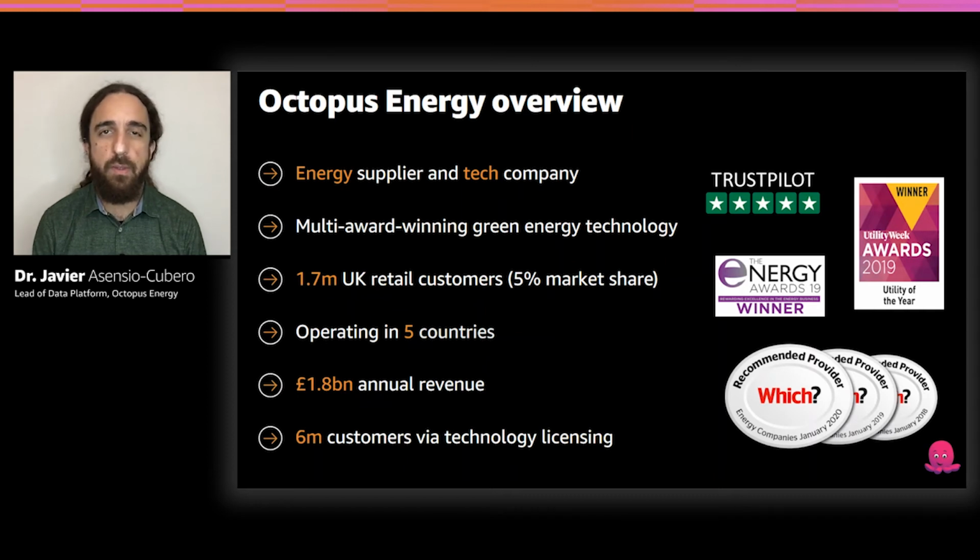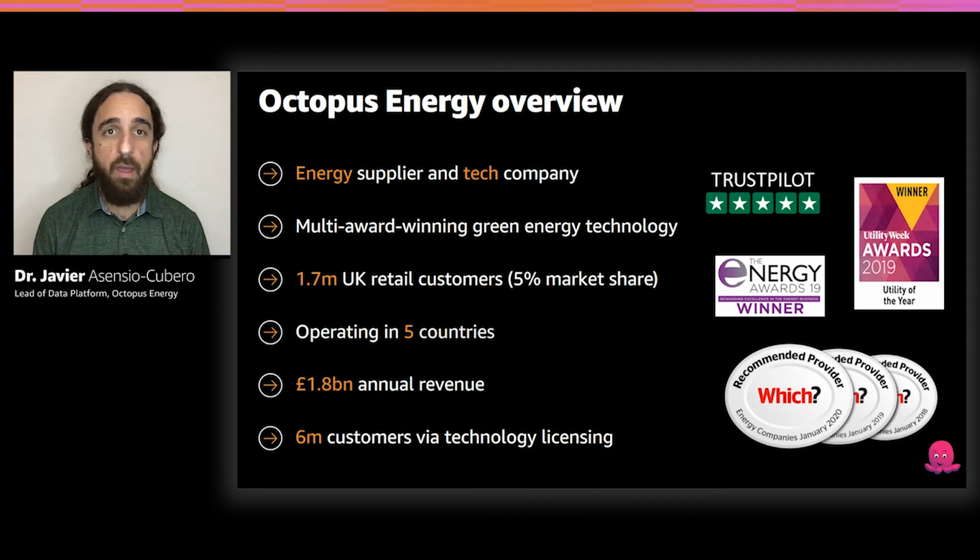And one of the reasons why we're so good at taking care of our customers is because we are really good at creating technology to support that. Our flagship product as a tech company is called Kraken. It's a mixture between a CRM, billing software, and communication software focused on the energy industry.